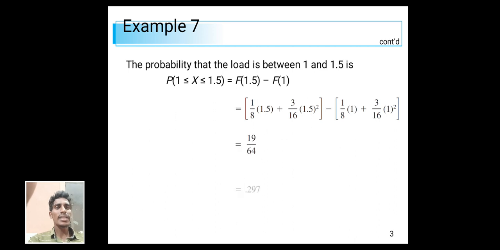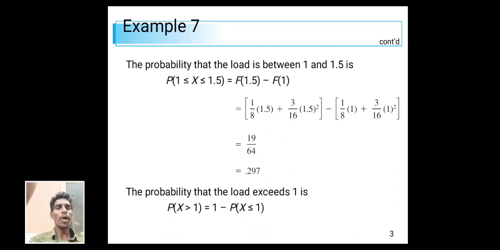There is a solution. The probability that the load is between 1 and 1.5 is F(1.5) minus F(1), which is 0.297.